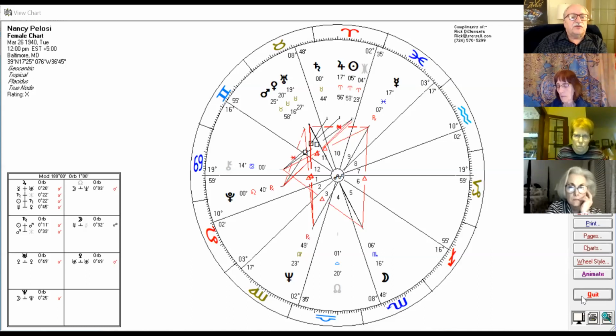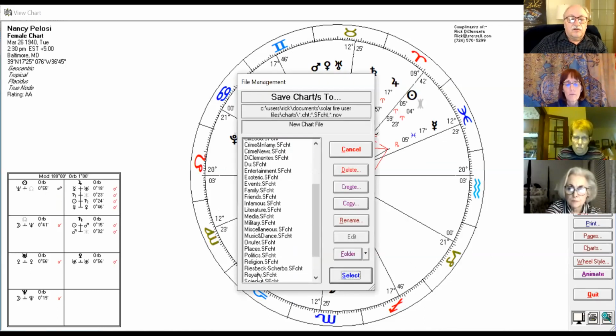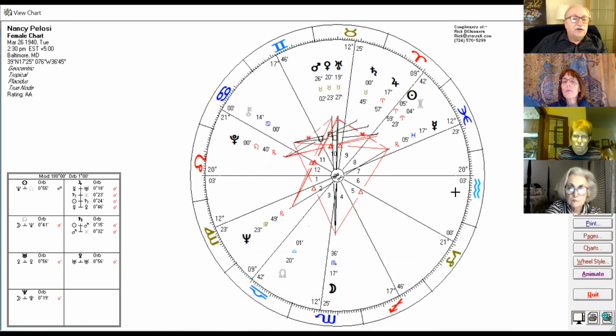Her chart's going to change completely because her sun's going to go into the 8th house. 2:30 p.m. Okay, and we will mark this as from the birth record, and we will save this under politics. Now do you see what happened to her? Her sun's over here.